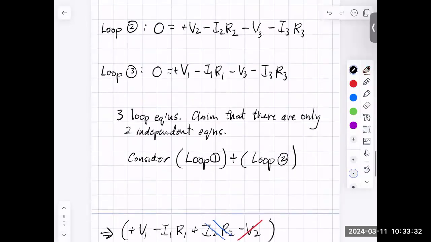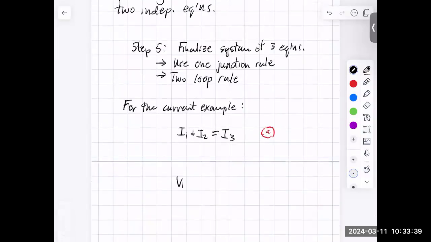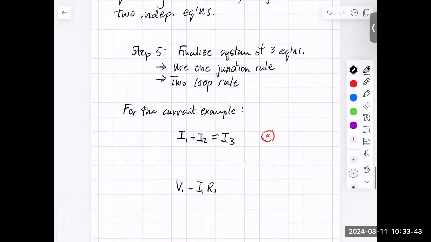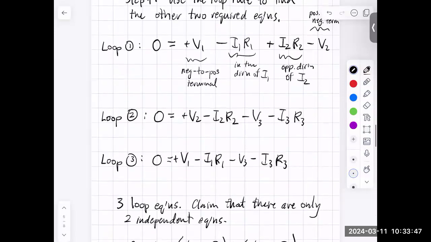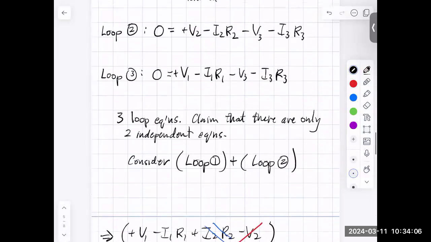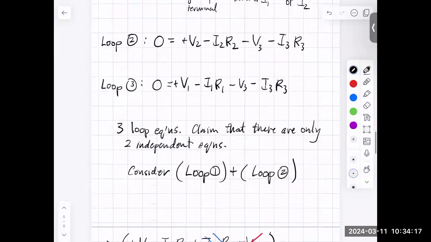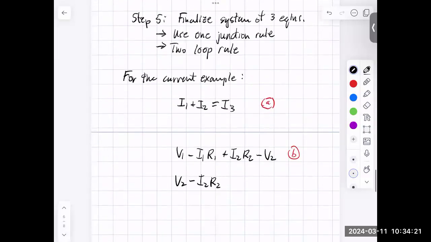So our second equation will be V1 minus I1 R1 plus I2 R2 minus V2, and we'll call this equation B. And then for the third equation, I'm just going to use the second loop equation, which was V2 minus I2 R2 minus V3 minus I3 R3.